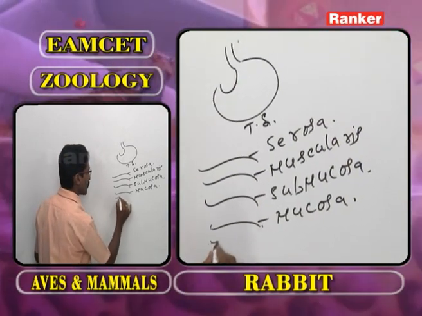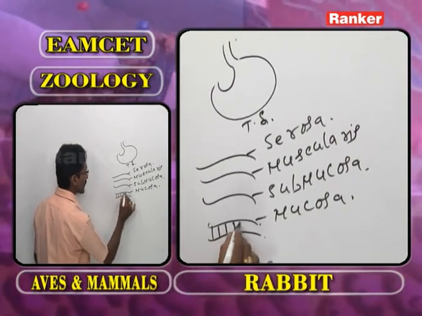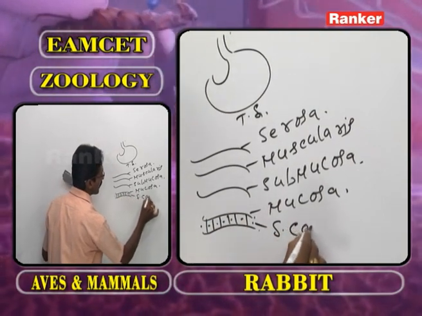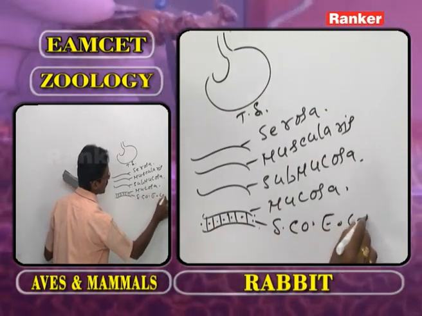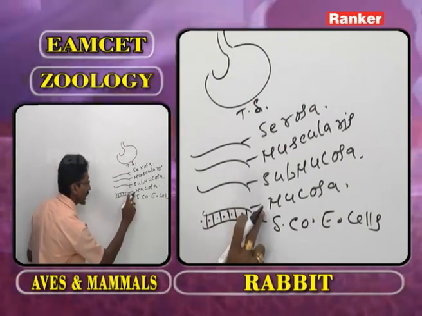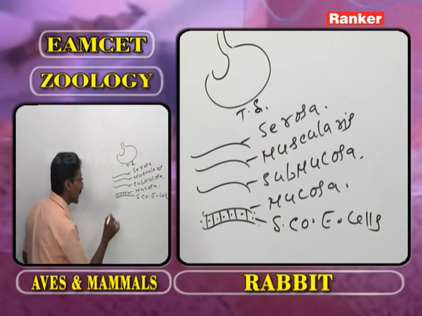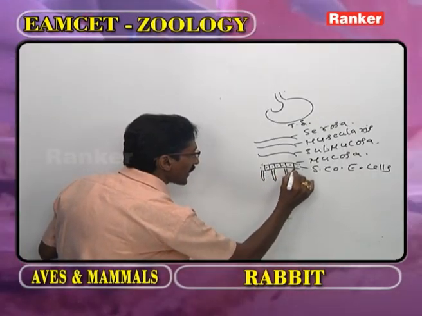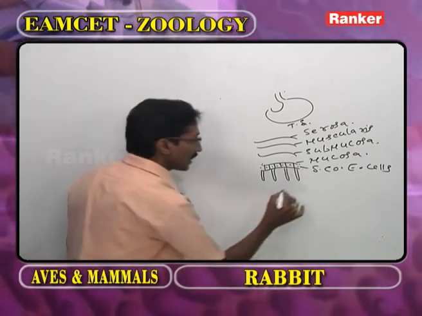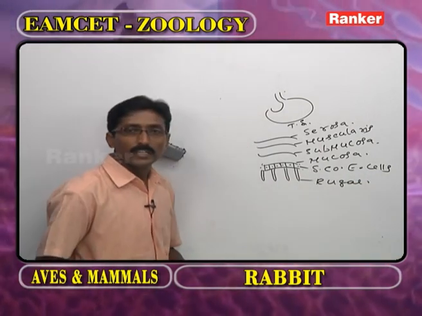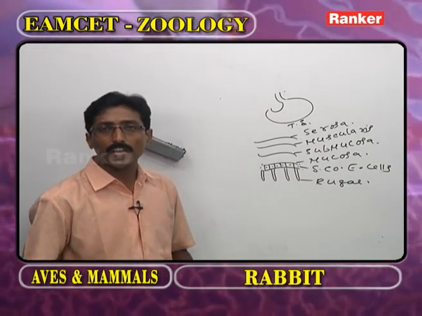Now, the mucosa consists of what type of epithelium? Simple columnar epithelial cells. Now, as we observe the innermost layer of mucosa, it has the foldings. These foldings are called rugae. Here, what is the function of the rugae?